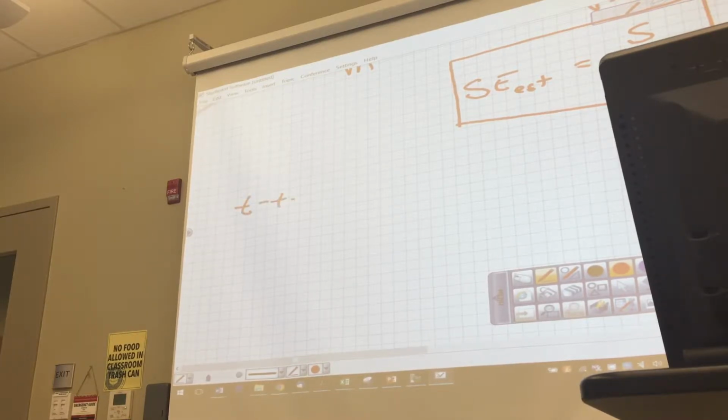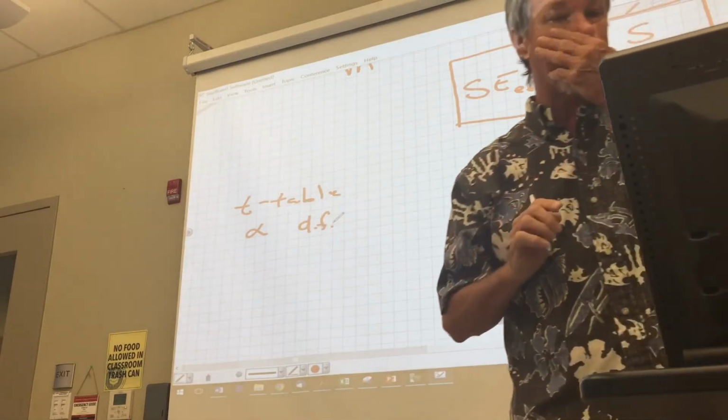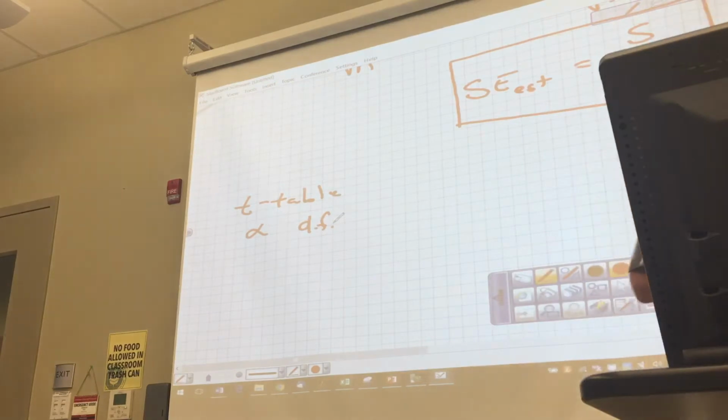If we don't know the standard deviation of the population, we use the T table. Now with the T table, we still need to know a couple of things. We need to know our alpha, and we need to know this thing that we call degrees of freedom. So we need to be able to work with those.